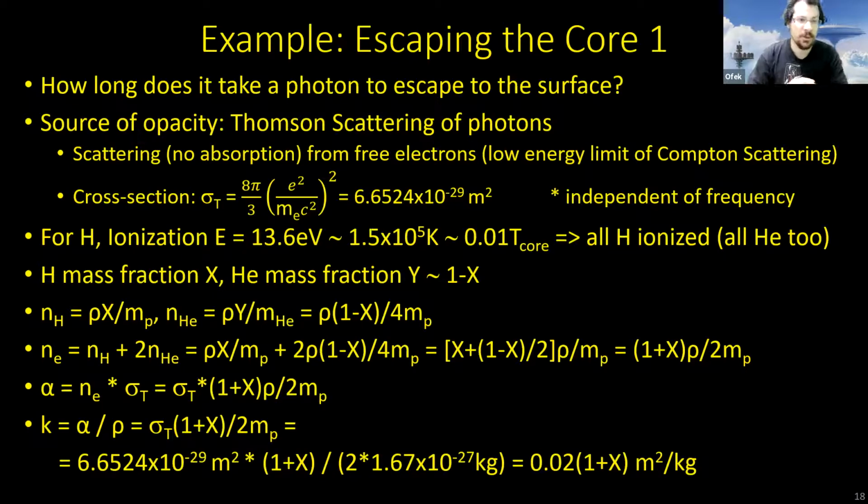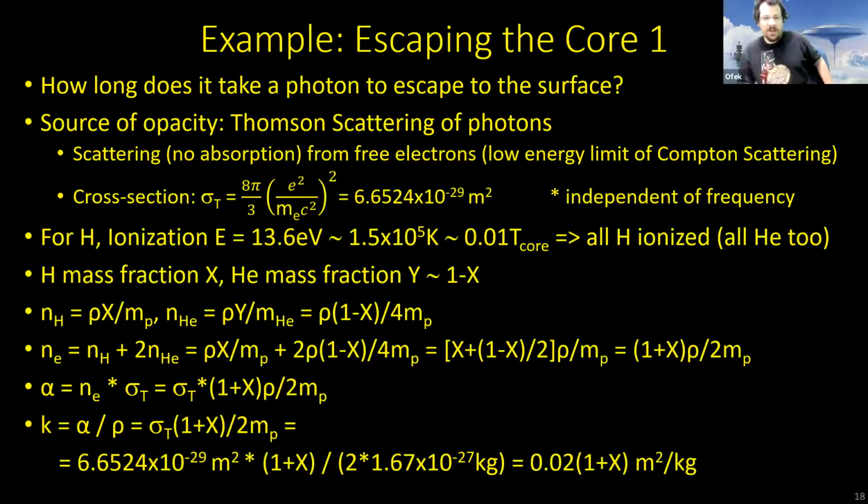which is a lot, but still much, much lower, about 1%, than the temperature in the core of the sun, for example, which was 15.7 million Kelvin. What this means is that basically all the hydrogen in the core of the sun is completely ionized.